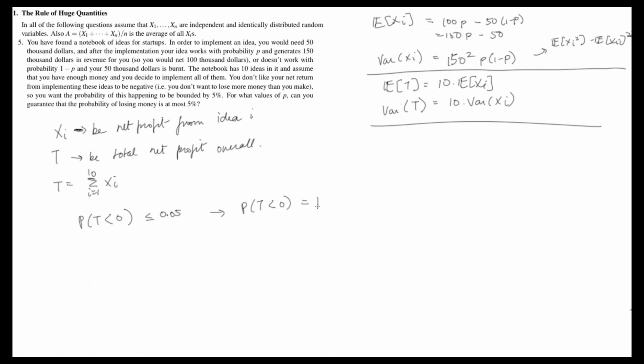The probability of T less than 0 is the probability that negative T is greater than 0, which is equal to the probability that, adding expectation of T to both sides, expectation of T minus T is greater than expectation of T. And this is less than or equal to the probability of expectation of T minus T greater than or equal to expectation of T, because the event above is a subset of the event below, so the probability of the event above is less than or equal to the probability of the event below.